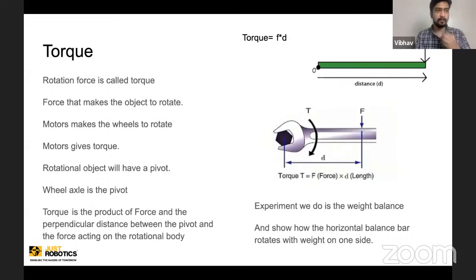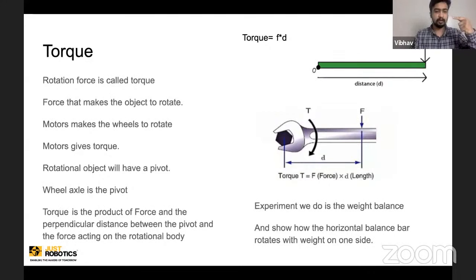Torque of a motor is usually given per centimeter. They say 5 Newton meter, or 5 kg centimeter. So at 1 centimeter, this robot can pull 5 kgs. You can ask them to do a pulley experiment.